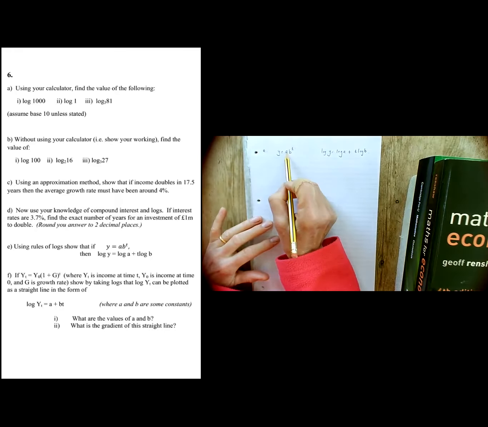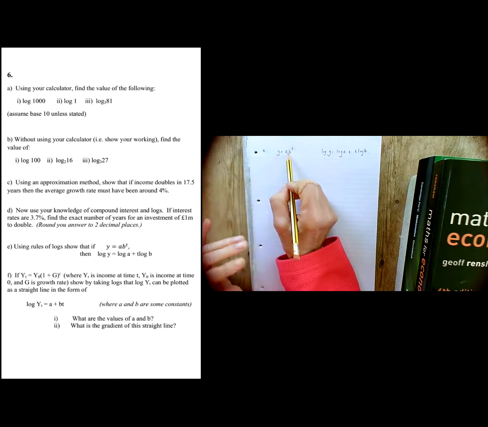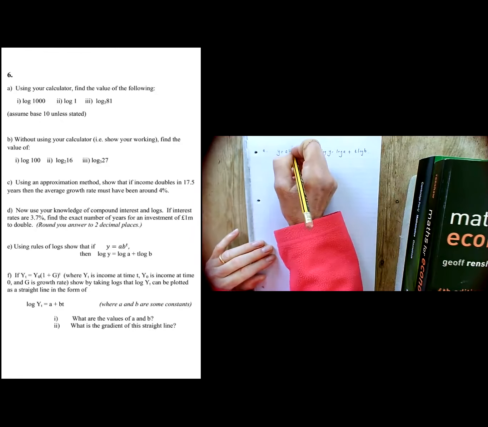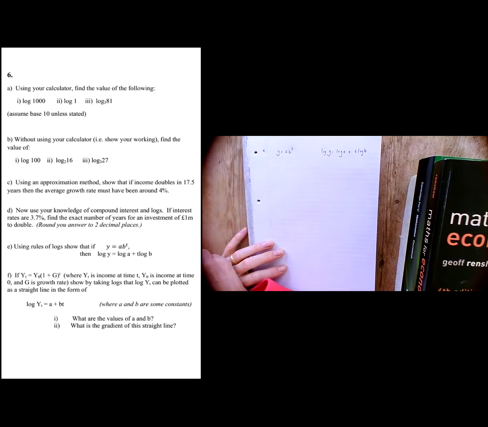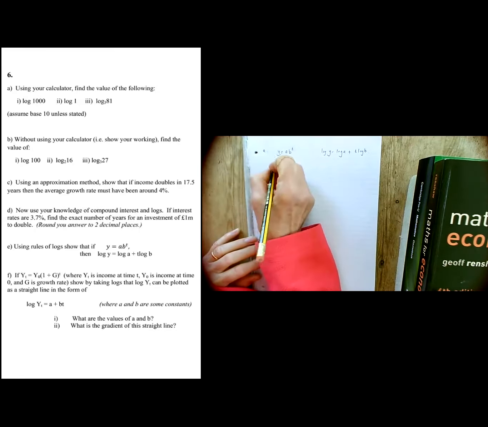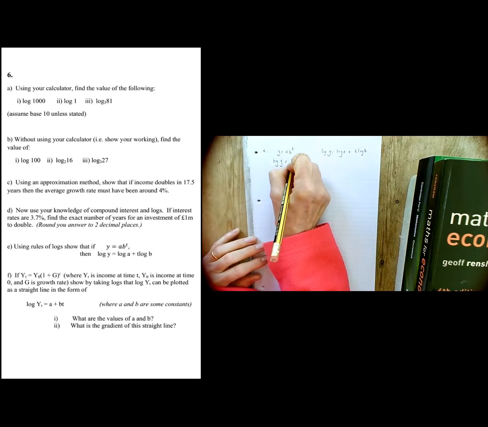These lowercase letters are constants. I know it's not always obvious, but just imagine most things are a function of time. It's time that changes. These are just parameters that stand for constants. So I see t is up in the power, so I know I've got to take logs. I have no way of solving this otherwise.